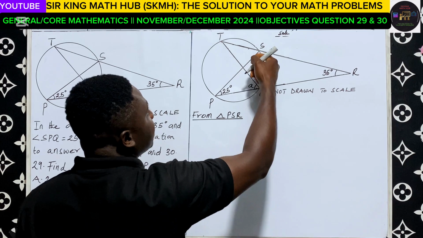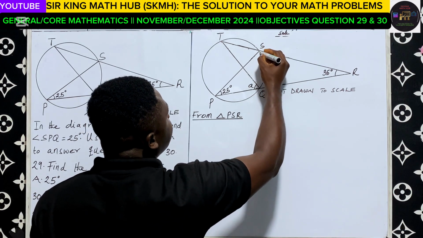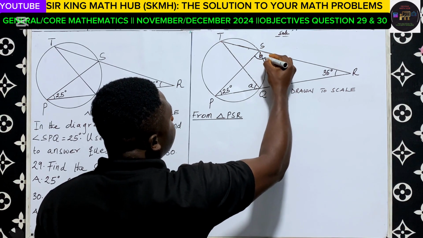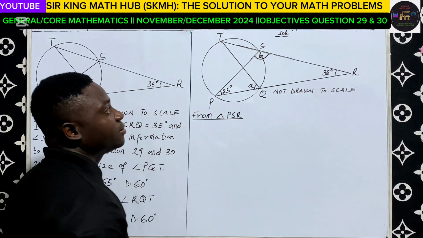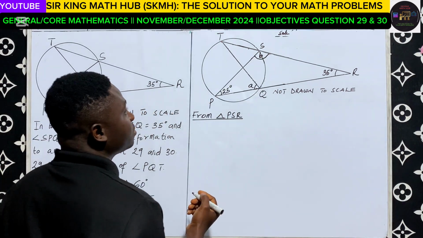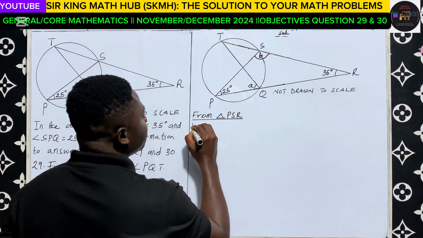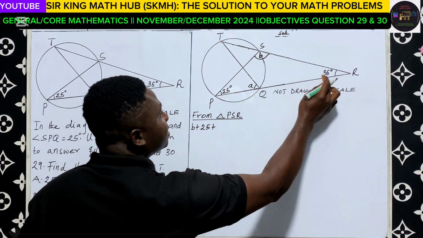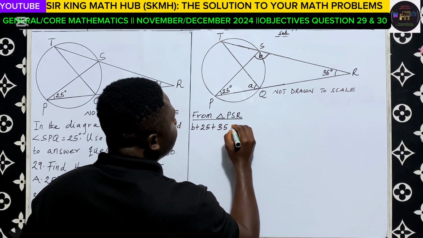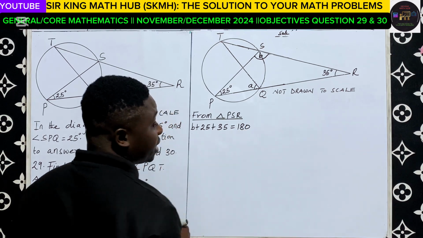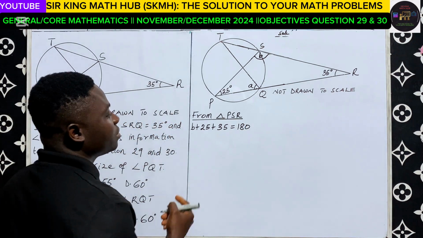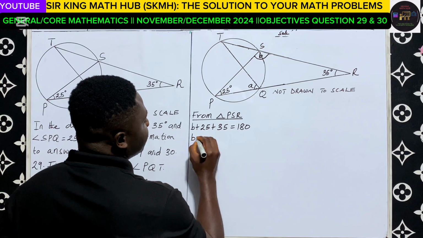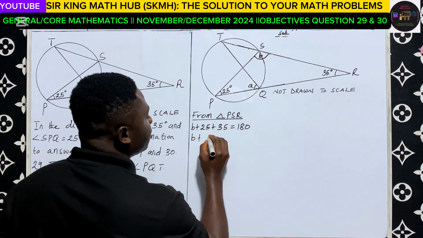Let the measure of the other angle be B. So with this, we can solve for B. B plus 25 degrees plus 35 degrees must be equal to 180, because it's a triangle. 25 plus 35 is 60.